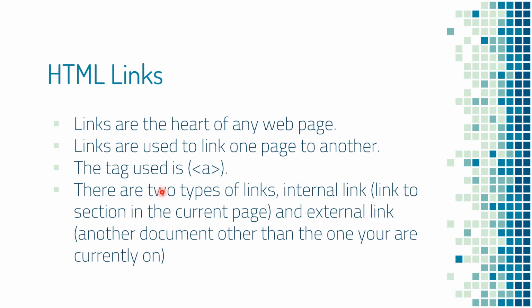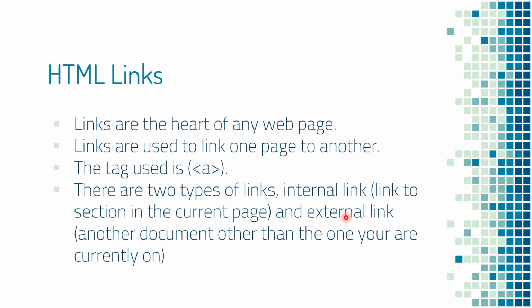Okay, the tag used to link pages is anchor, or its name is A, which stands for anchor. There are two types of links. One is the internal link, which links to a section in your web page, and the other is the external link, which navigates you from one document to another document, no matter whether the document resides on your web server or on a different server.